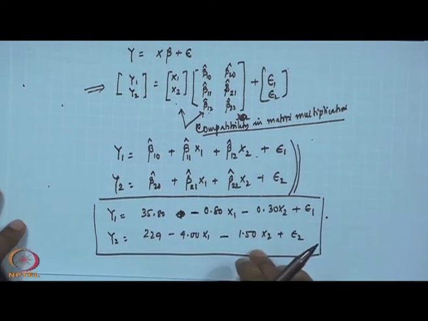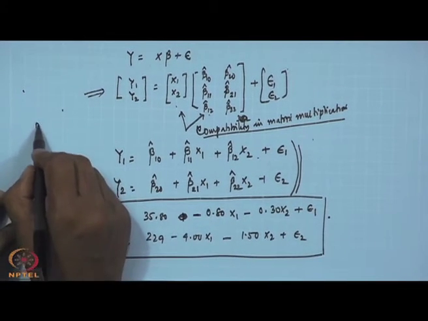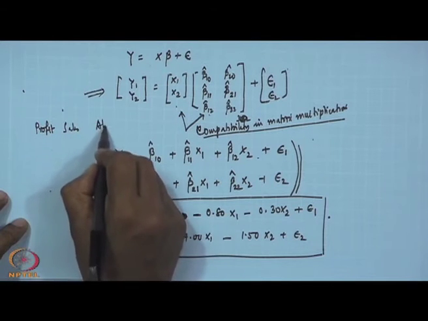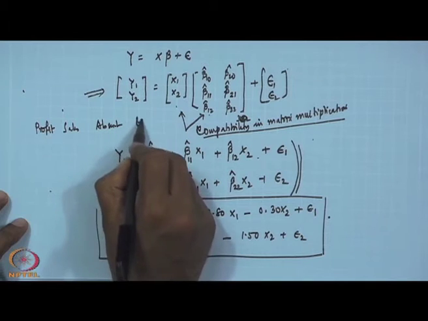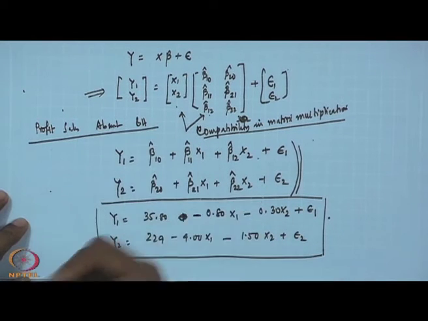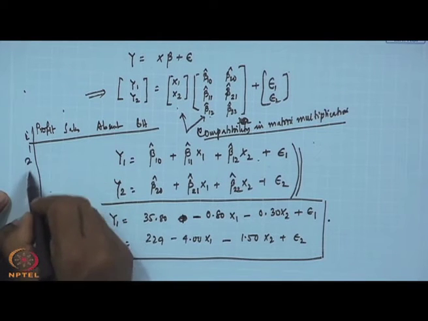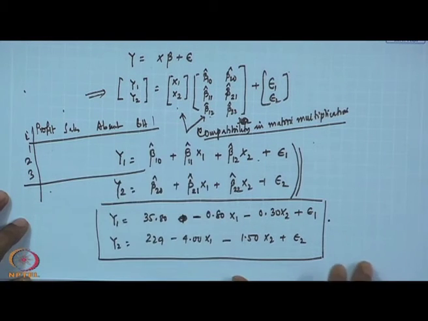Actually, what I have done is taken profit, sales, absenteeism and breakdown hours from the CTCAN data, and we have taken only the first 3 observations, 1, 2, 3, just to go for computation, because you will be applying software. You require more data points, not 3 data points.